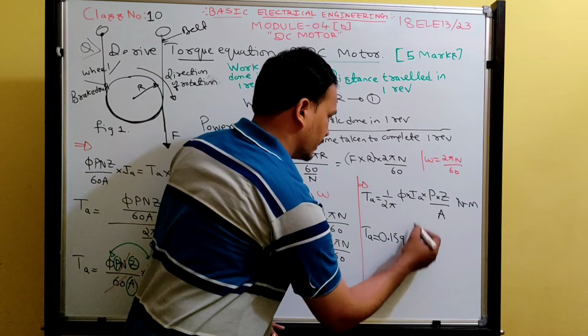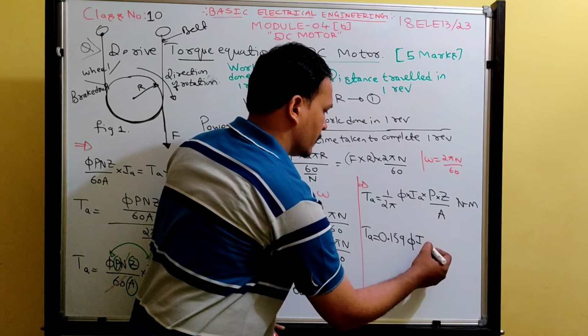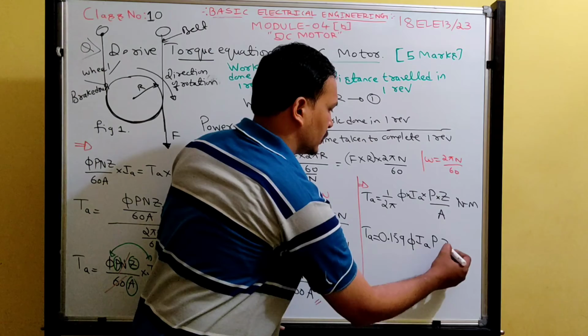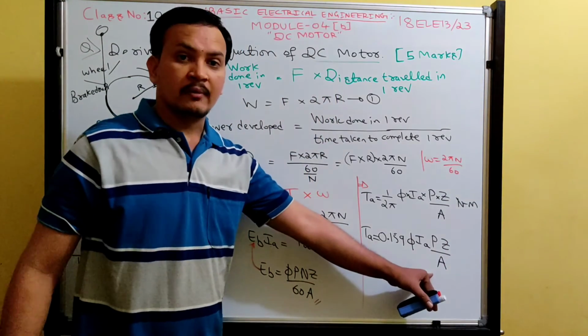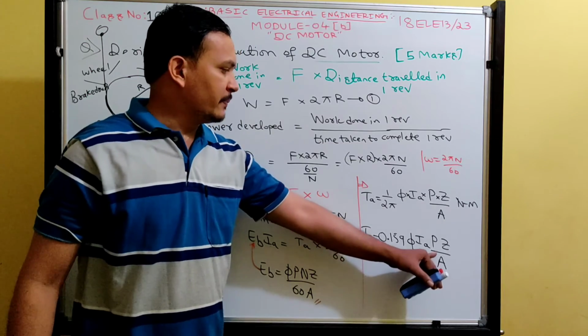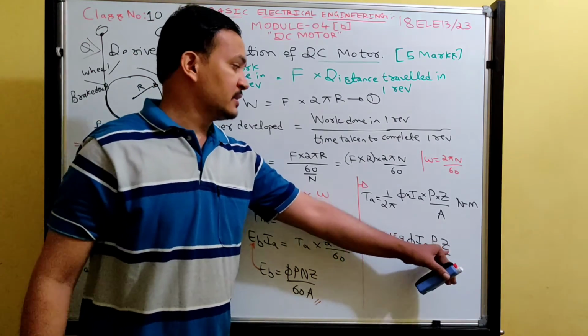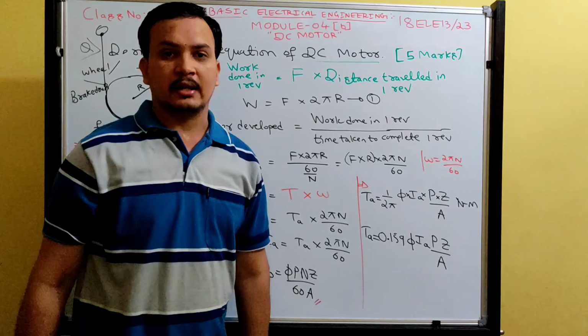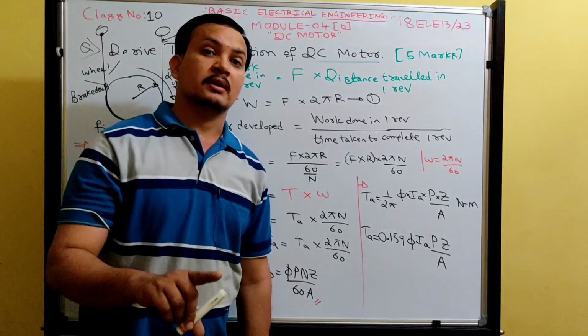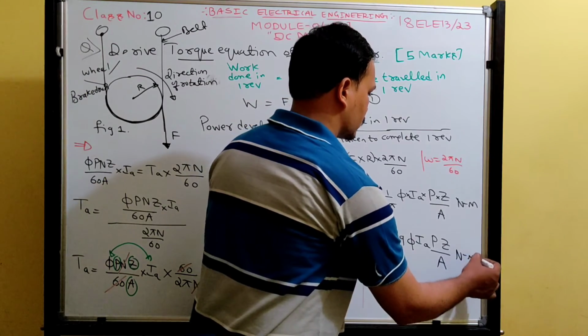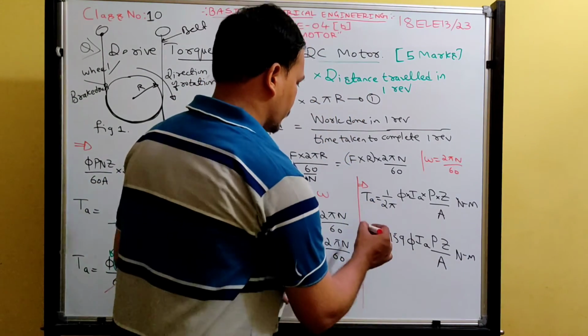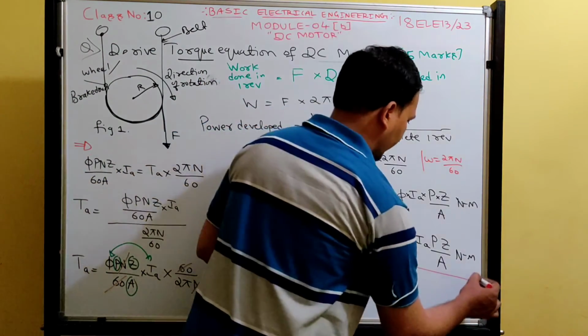The rest you write as it is: phi IA into P Z by A, where A indicates the number of parallel paths and P indicates the number of poles. Z indicates the total number of armature conductors connected in series. So this is also in Newton meter. So by this the derivation ends.